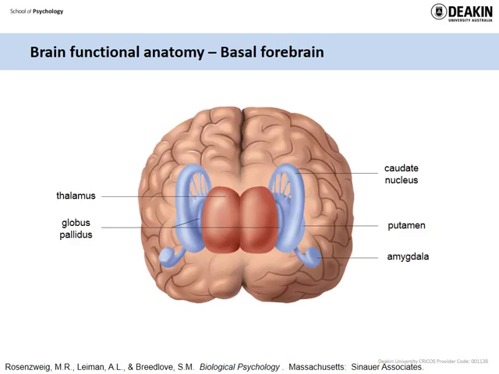The components of the basal ganglia are not very structurally or anatomically distinct. They're identified primarily on the basis of their function rather than their anatomy. They're important for things like the planning and initiation of movement.